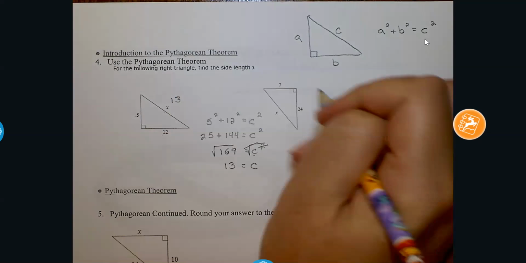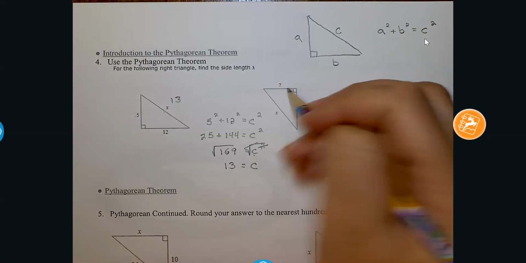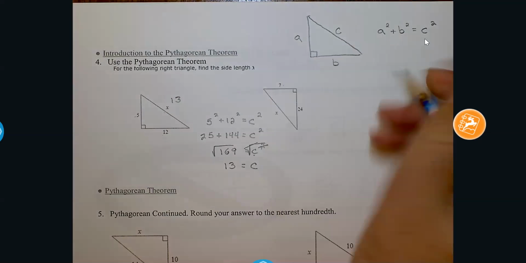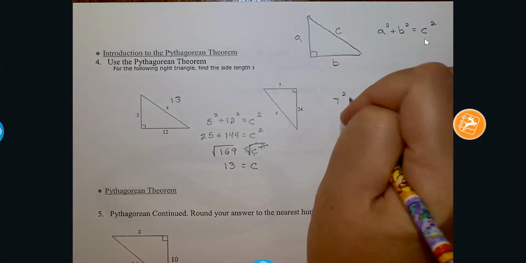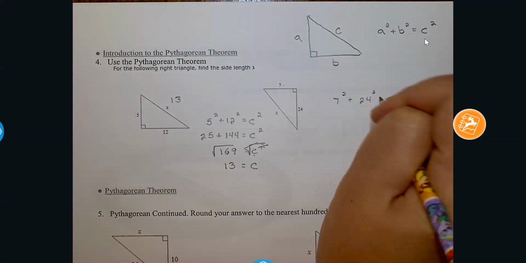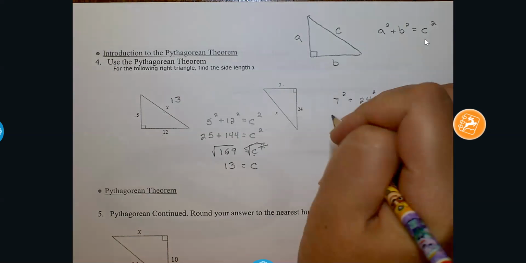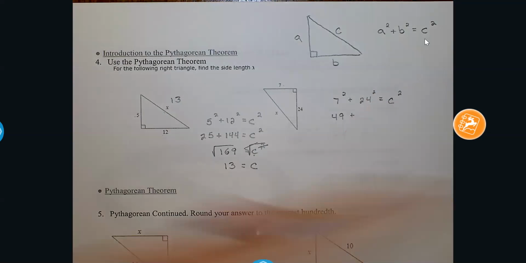Okay. Over here, same thing. We have our two legs. We'll make A be 7, so 7 squared. B, the other leg, would be 24. And we're looking for our hypotenuse, which we'll call C squared. So 7 squared is 49 plus 24 squared.